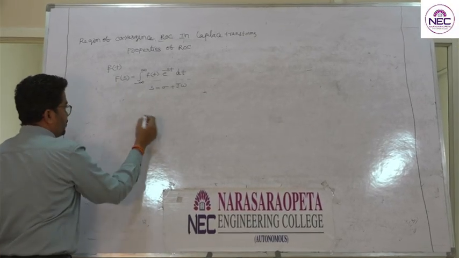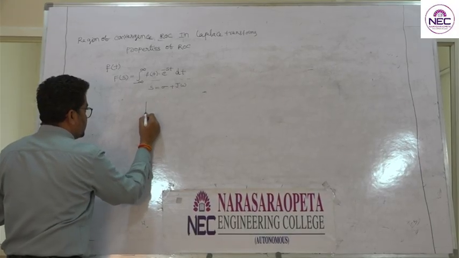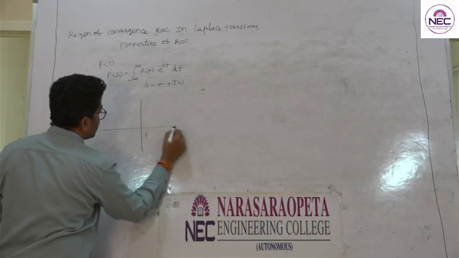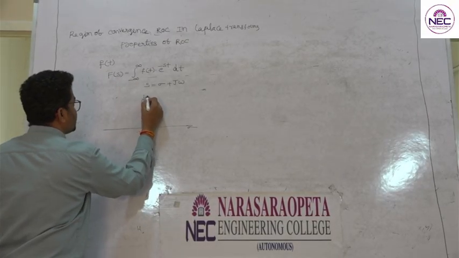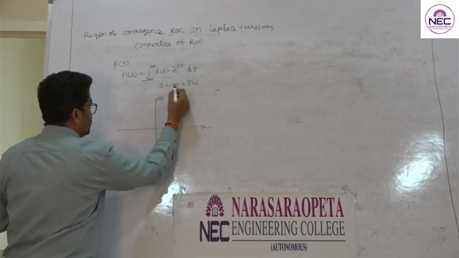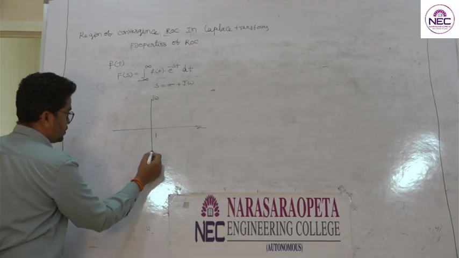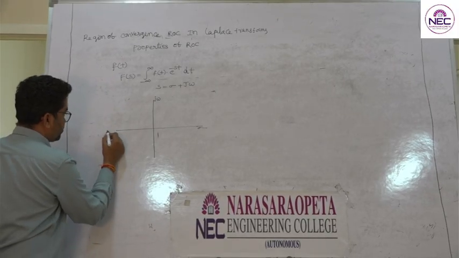Here is the s plane, with sigma and j omega axes. S is a complex variable, s equals sigma plus j omega.